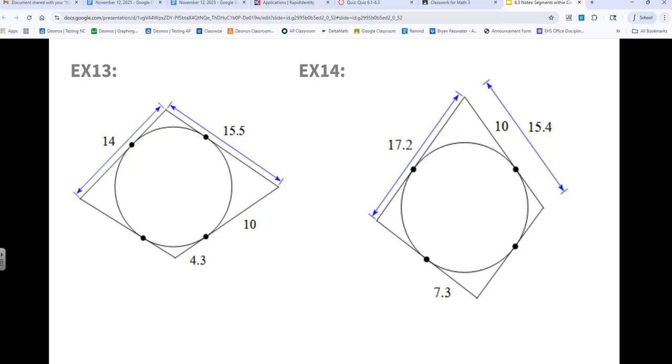There's nothing marked. I'm trying to remember what the question was. Let me look at the worksheet. I forgot to put the directions of what is happening here. Let me see what the worksheet asks you to do on ones like this. Let's see. Oh, it should say find the perimeter of the polygon.